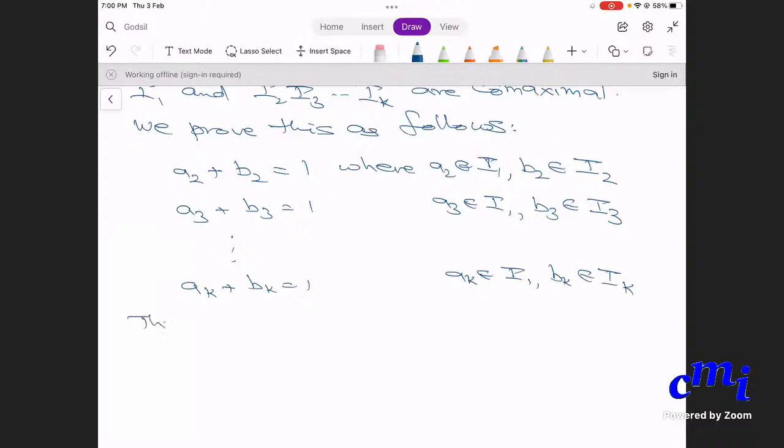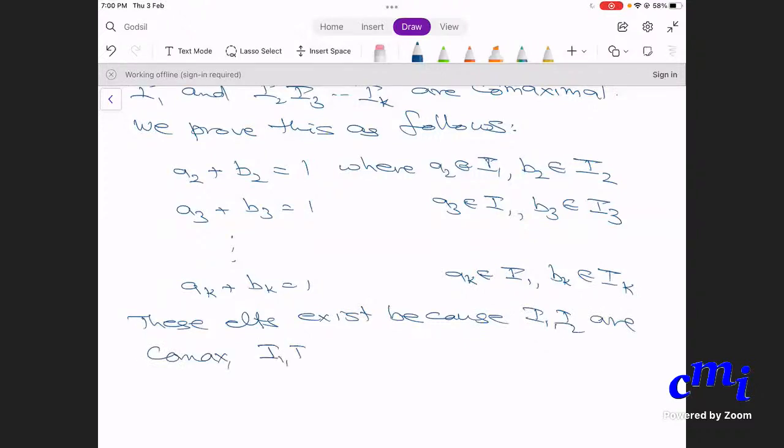These elements exist because, as I said already, I1, I2 are co-maximal, I1, I3 are co-maximal, etc., etc. I1, Ik are co-maximal.